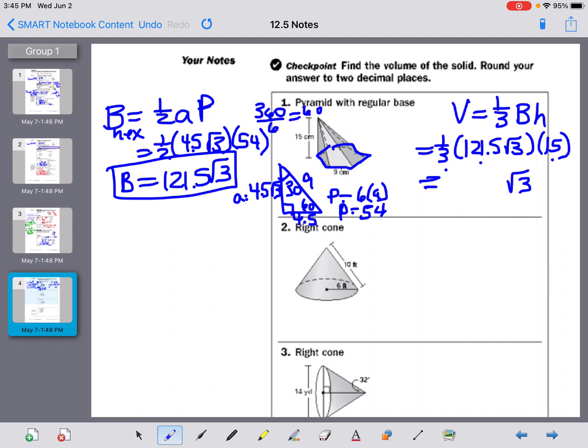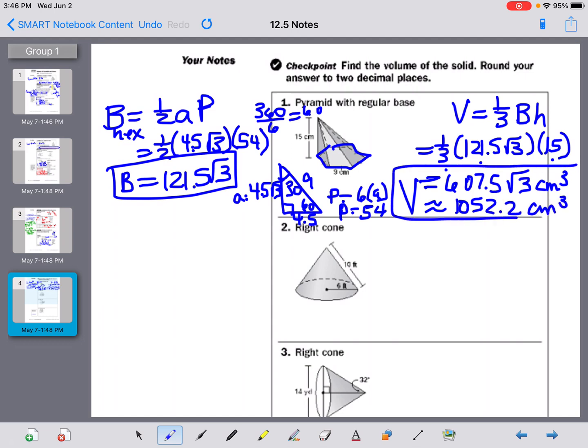So I have 1/3 times my 121.5 times my 15, which is about 607.5 radical 3, and my units are centimeters cubed. That's the exact answer, even though it has a decimal in it. As a decimal, it is about 1052.2 centimeters cubed as an approximate decimal there.